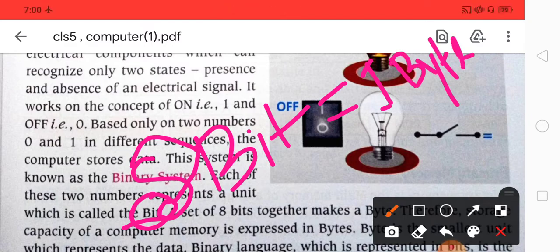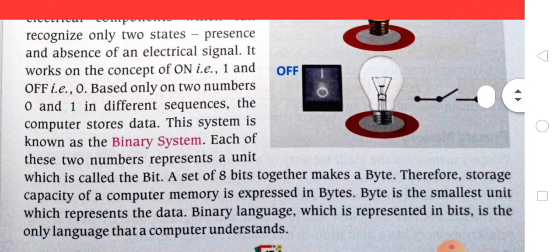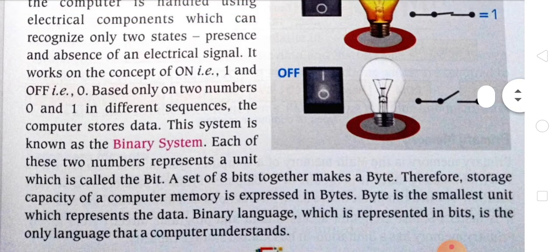Okay students, so a set of 8 bits equals 1 byte. The byte is the smallest unit which represents data, and binary language, represented in bits and bytes, is the only language that a computer understands.